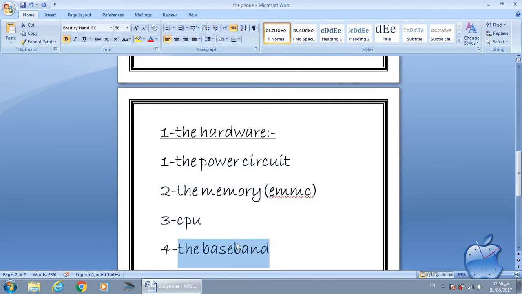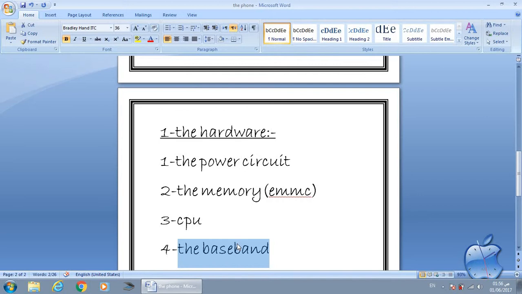The baseband is actually the IC or the chip where the serial number of the phone is present. Because if we have a phone that has no serial number in it, the phone is not going to work.